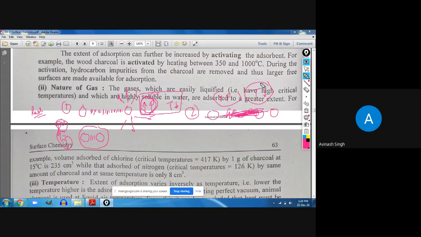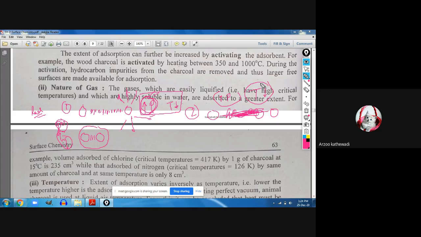Yes, gas 2. Arzu, you think gas 2 is easier to liquefy? Yes. Okay, I have no problem with both the answers. You just have to tell me why. Arzu, you go first.